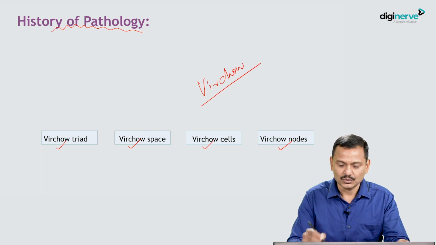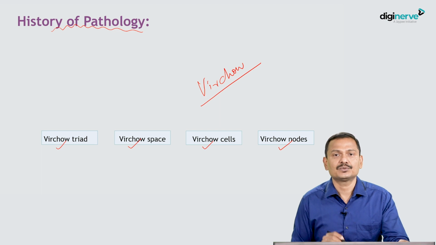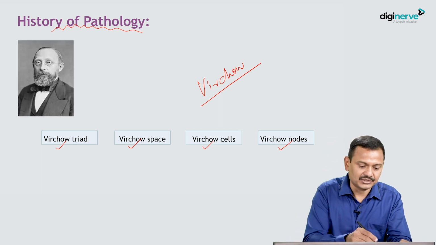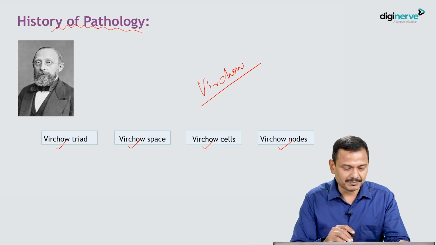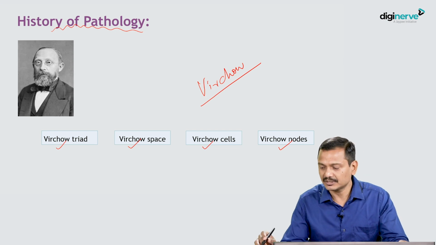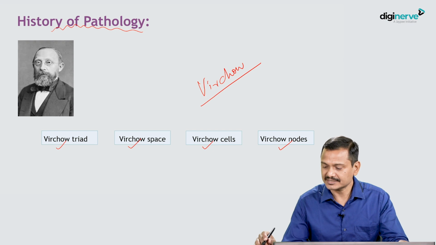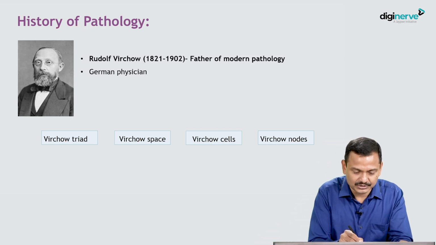Okay, now who is this Virchow who has been credited with so many things in pathology? Again you have to remember this picture, because he is the person who is responsible for a lot of developments in pathology, and he is credited as the father of modern pathology.